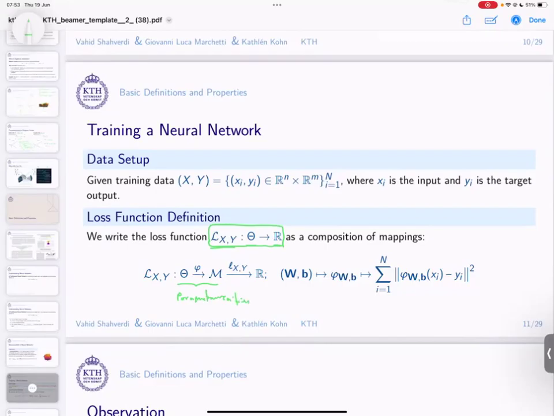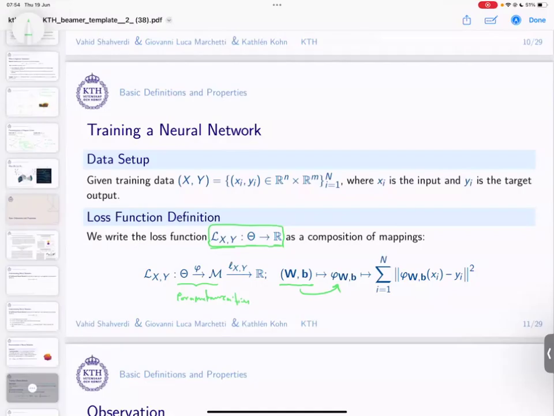I send these parameters to the corresponding function with this parameterization map phi. So basically, this tuple of matrices and biases goes to the corresponding function. And then I can see the loss function on the neuromanifold, right? It's just writing the same curly L, this loss function, in a slightly different format. So it's a composition of two maps: another loss function, a small l, and this parameterization map phi.